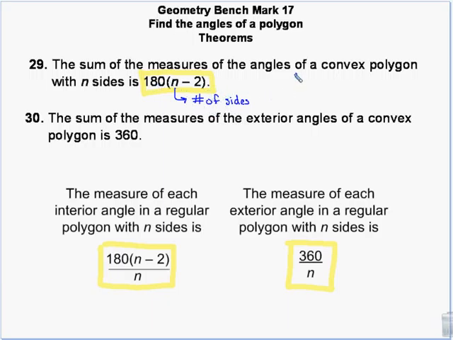So for example, if I had 8 sides, so I'm an octagon, I would take 180 times 8 minus 2. So that's 180 times 6, which gives me 1080 degrees in an octagon.